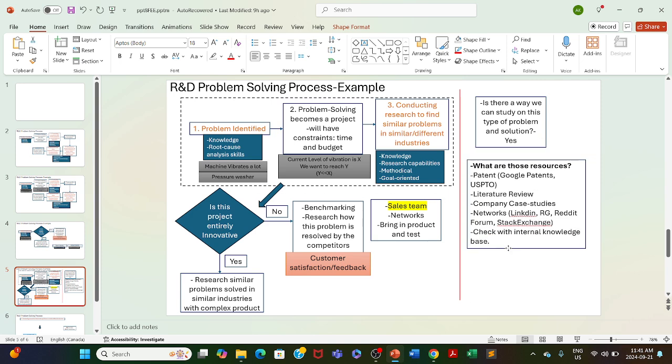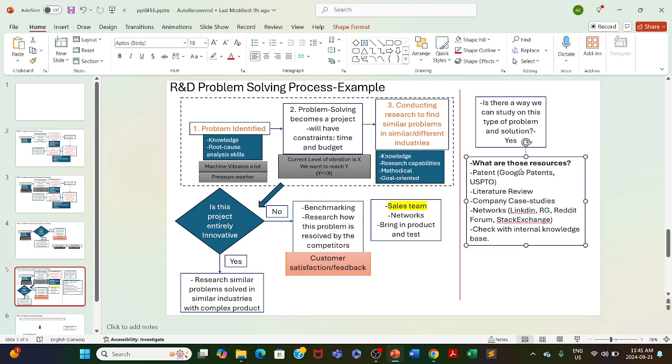So far, we can identify similar problems in industry and their solutions by going through different patents, literature review, company case studies, and networks like LinkedIn, ResearchGate, Reddit forum, Stack Exchange, and checking with the internal knowledge base as well.